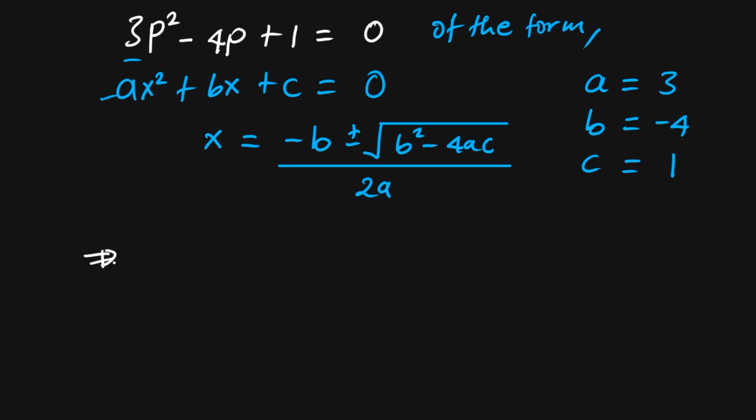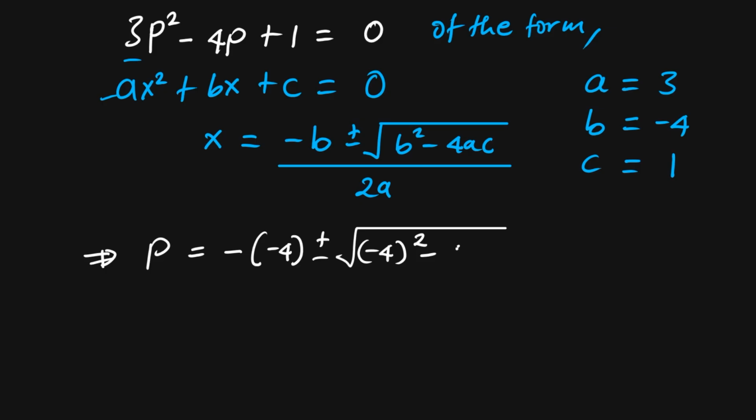which implies that p will equal negative of negative 4 plus or minus root of (negative 4) squared minus 4 into a, which is 3, into c, which is 1, all over 2 into 3.